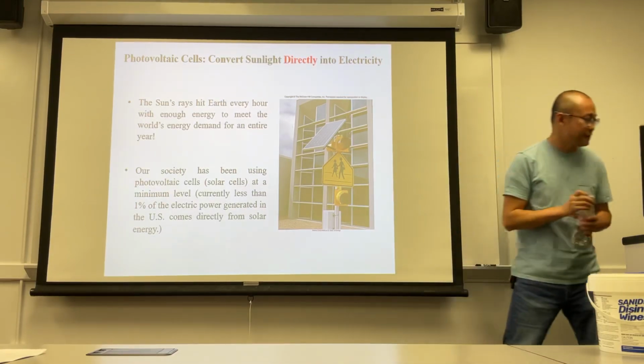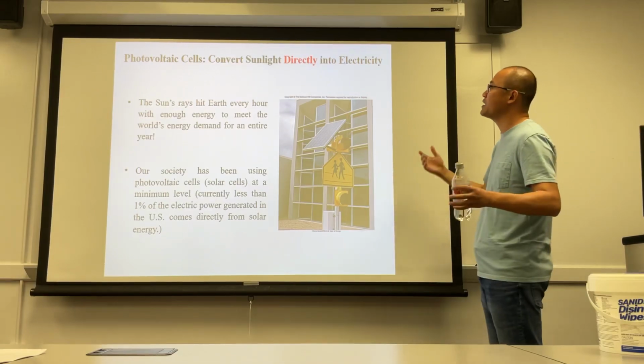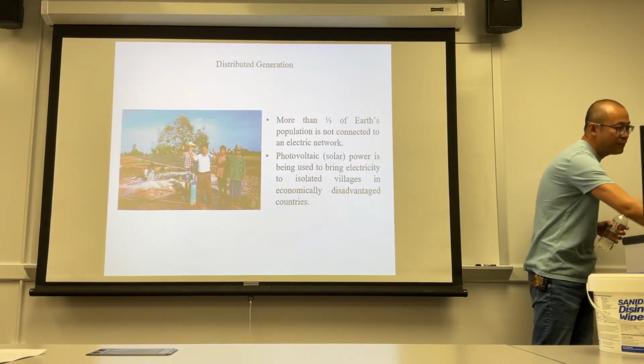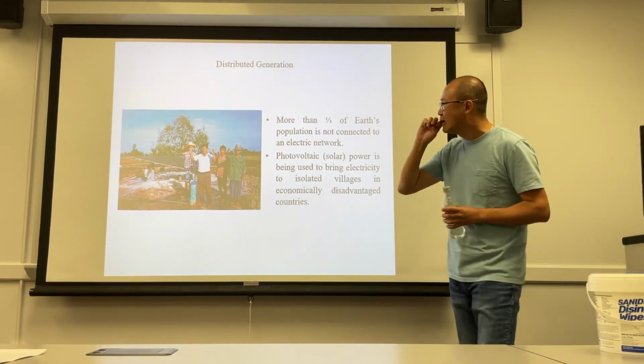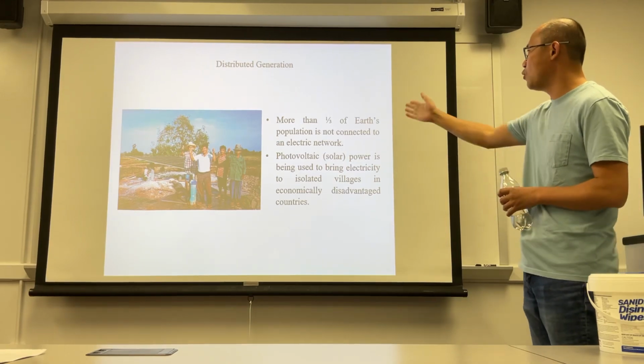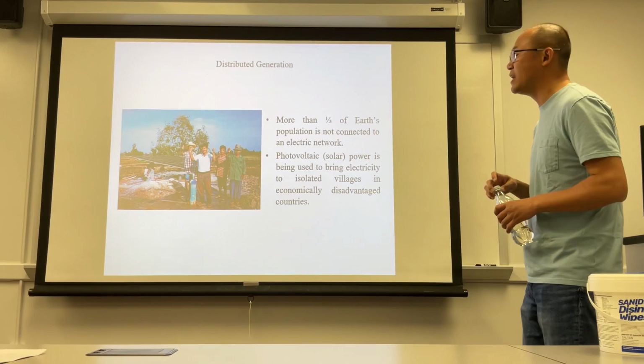So let's take a look at this part: how can it be promising to us by providing energy? This is a picture showing you some remote areas of planet Earth. You see that more than one third of the Earth's population is actually not connected to an electric network.